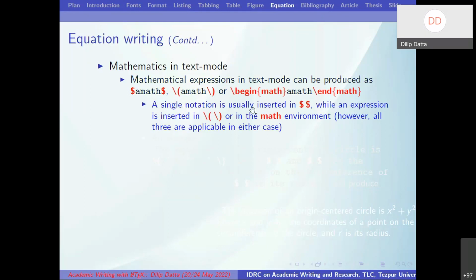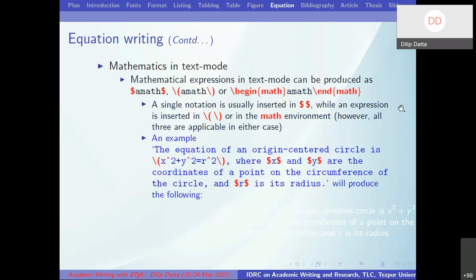So generally a single notation is usually produced using a pair of dollar signs, while expressions are generated by using the backslash parenthesis or math environment. However, all these are applicable in either case. We can use them interchangeably, there is no problem.